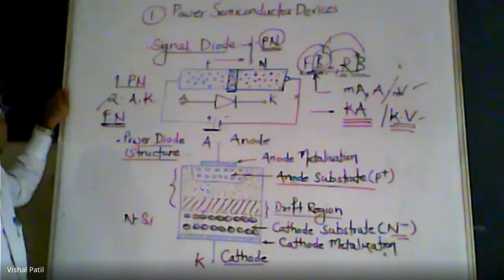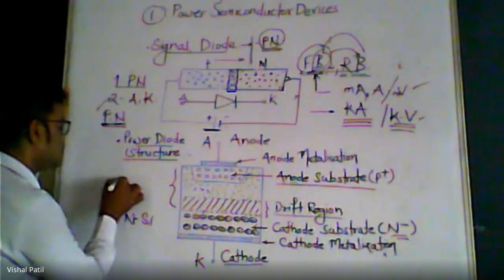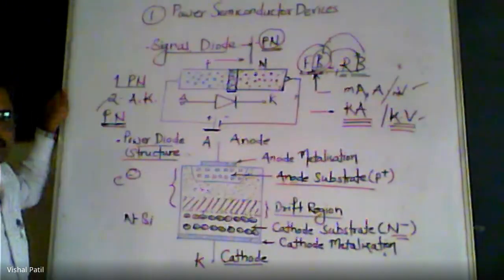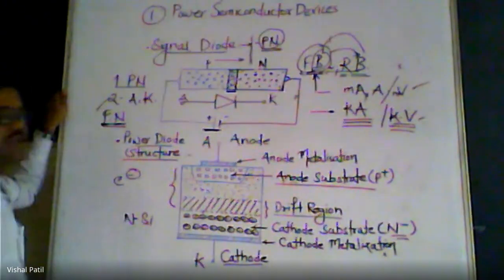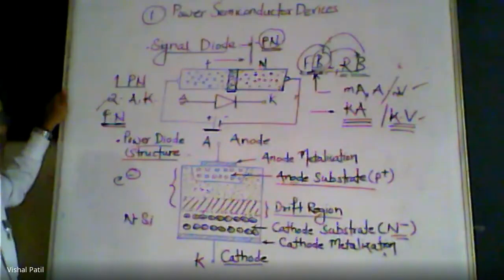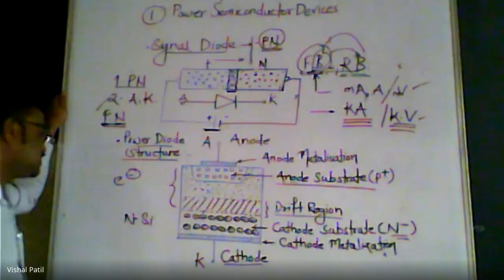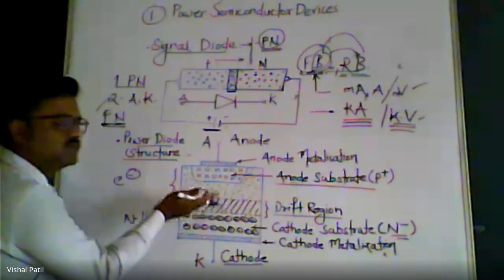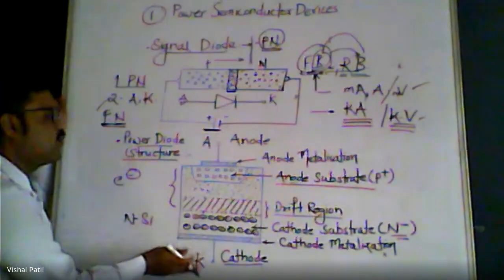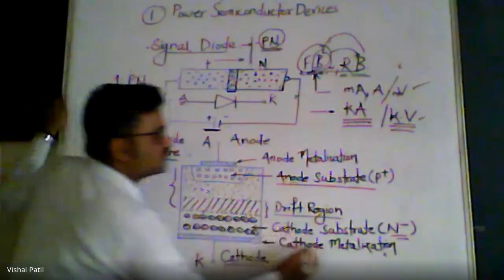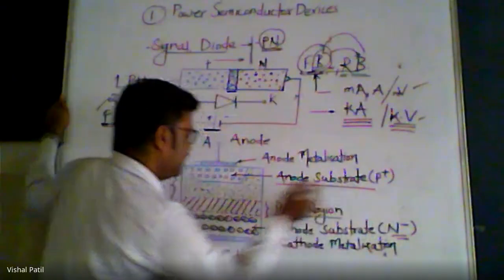Because normally when we define the current, we say that the electrons are flowing. So we call it the mobility of electrons. There is less scope for mobility of holes. And that's why we need to mention what is growing: the cathode substrate is growing epitaxially in this region.